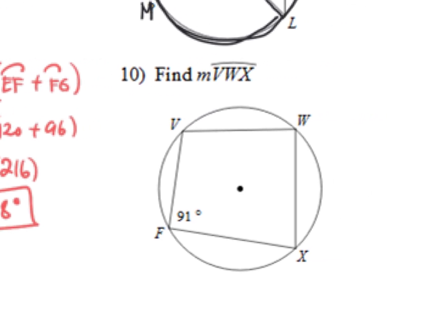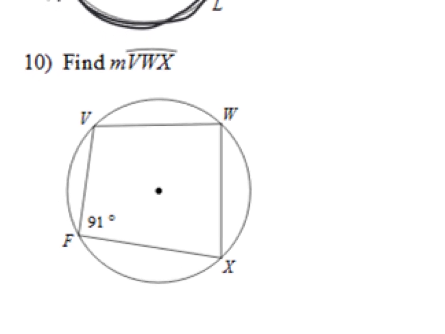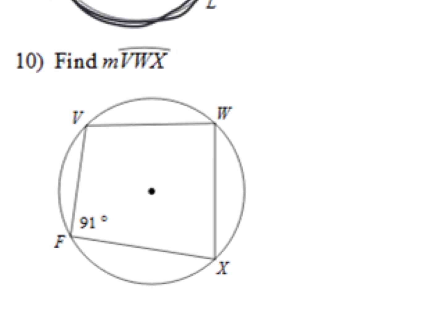Okay, number 10 here, another inscribed quadrilateral in a circle. So here in number 10 it says find the measurement of VWX. V, W, and X. So it's going to be this arc.